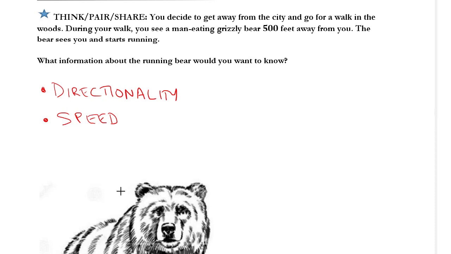Now that speed, of course, might not be a constant speed. That speed might be changing. So that's the third thing I want to know. Is the bear slowing down or speeding up as he runs towards or away from me? So these are three things that I'd want to know. All right, let's keep going.